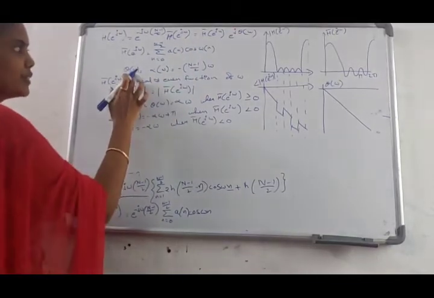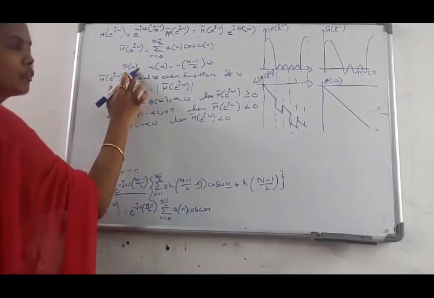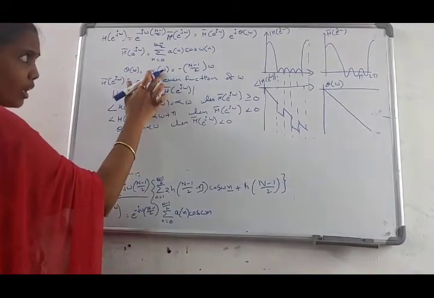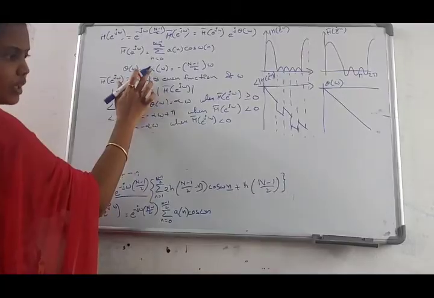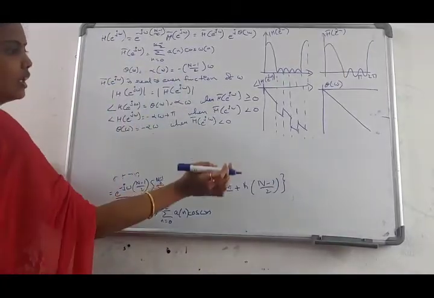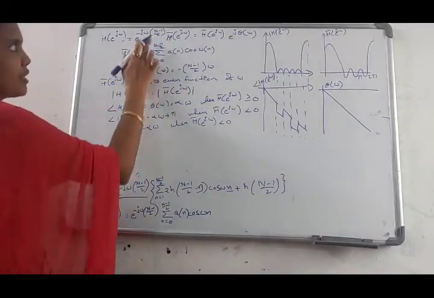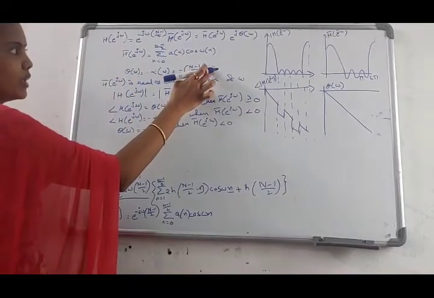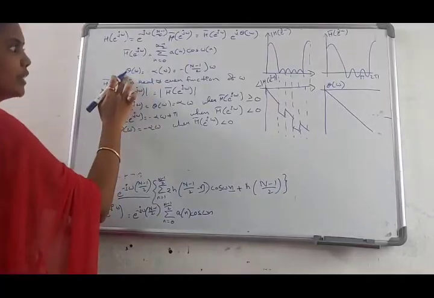Whereas theta of omega, as we already know, is minus alpha omega. Here alpha is equal to (n minus 1) by 2, so theta is (n minus 1) by 2 into omega. So this is the phase angle.